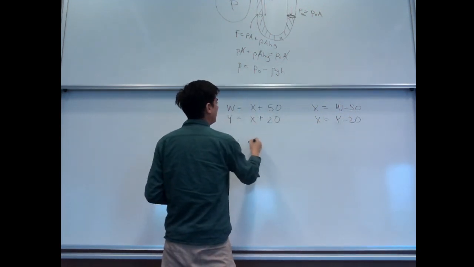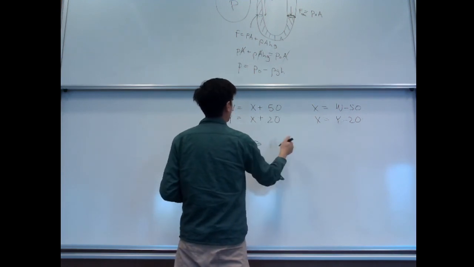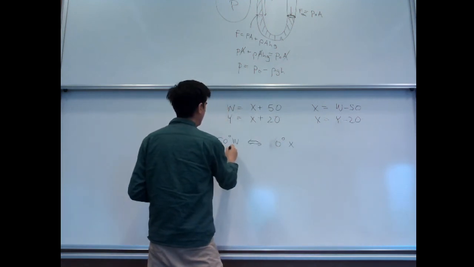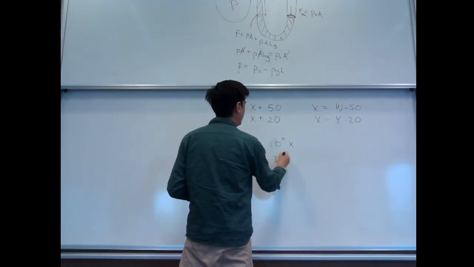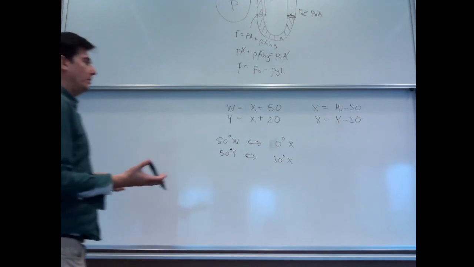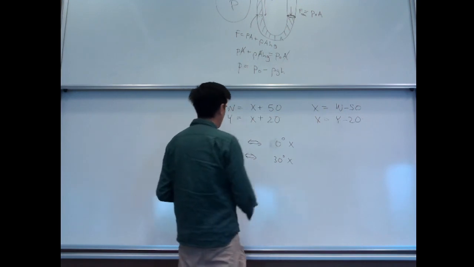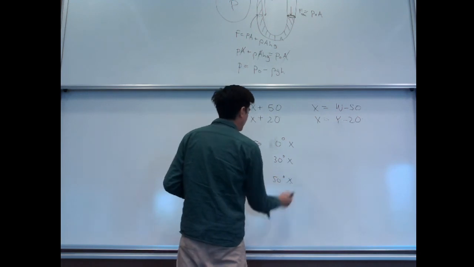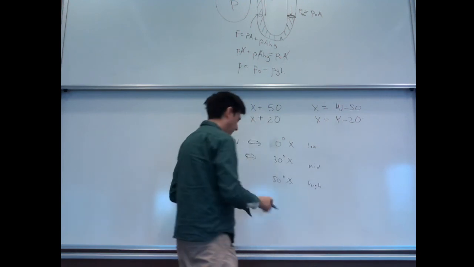So 50 degrees W is actually 0 degrees X, and 50 degrees Y is actually 30 degrees X. Once you convert it to the same scale, then it's obvious. So 50 degrees X is of course 50 degrees X. This is highest, this is the lowest, this is the middle.